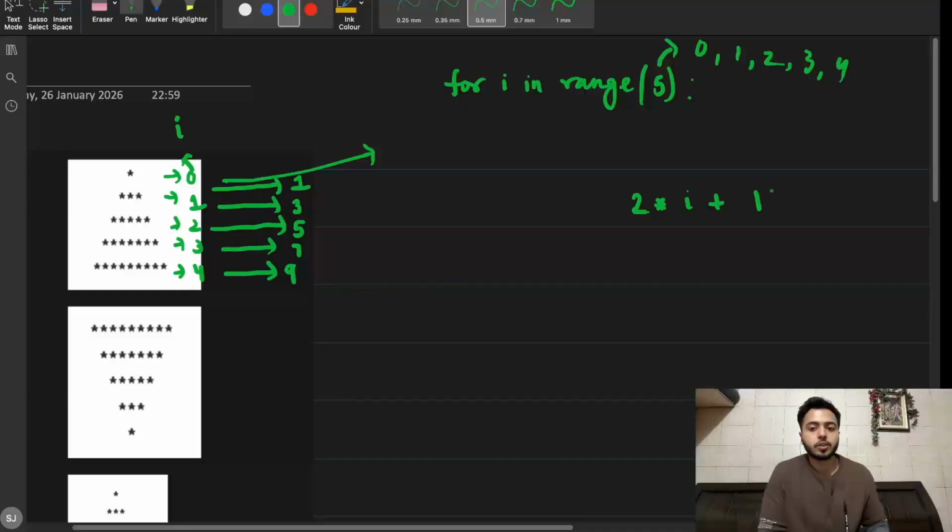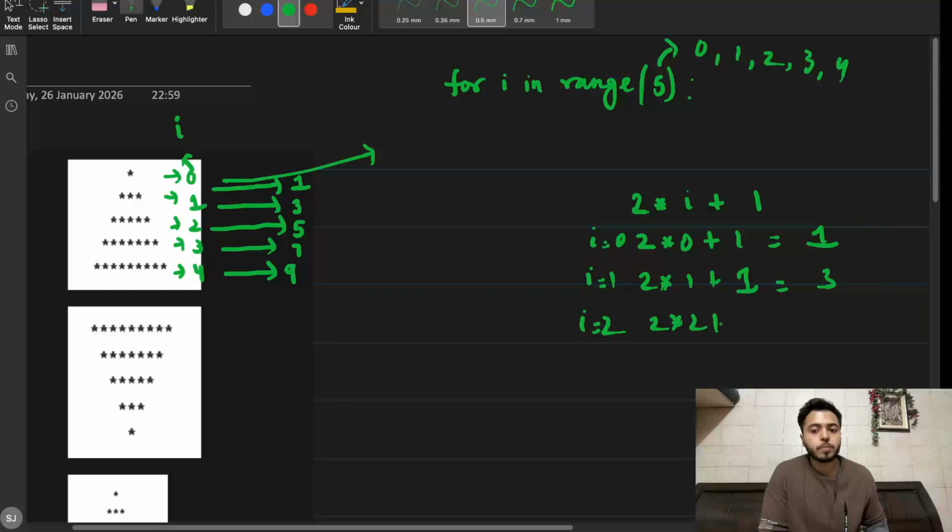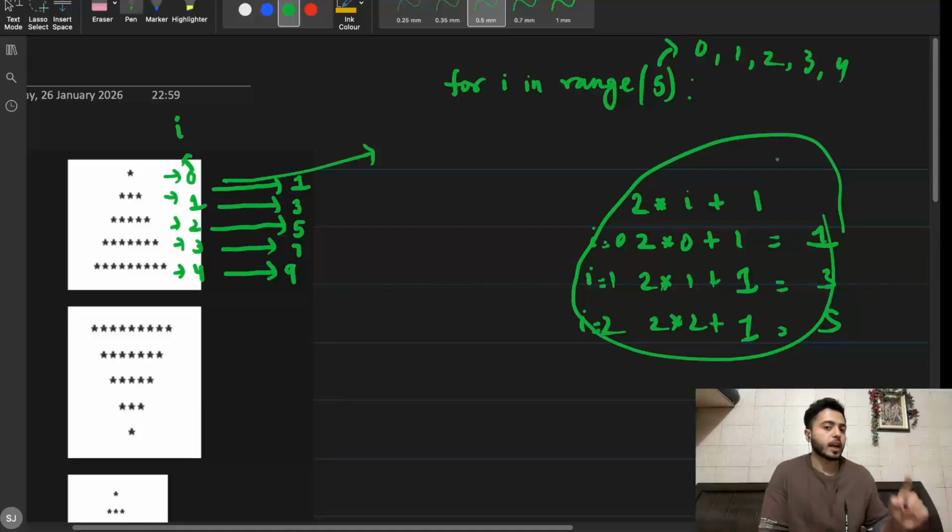When i is 0, 2 into 0 plus 1 is 1. That's correct. When i is 1, 2 into 1 plus 1 is 3. When i is 2, 2 into 2 plus 1 is 5. So I have cracked the pattern for my jth loop.